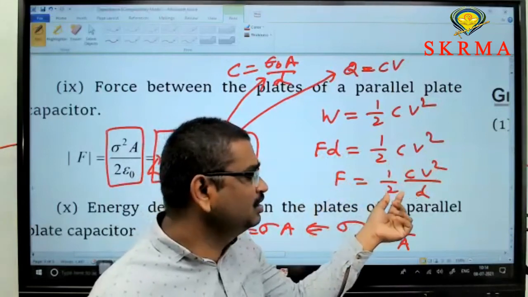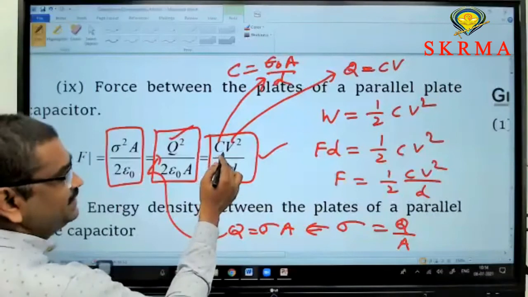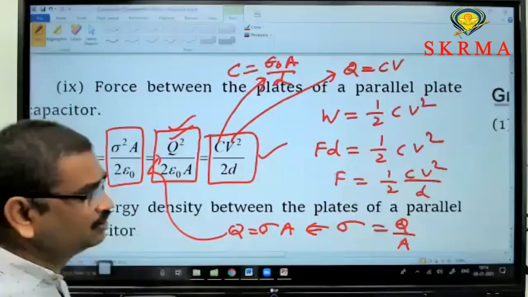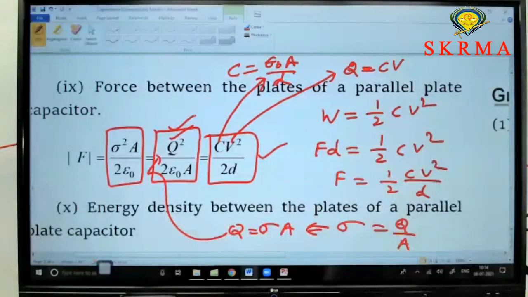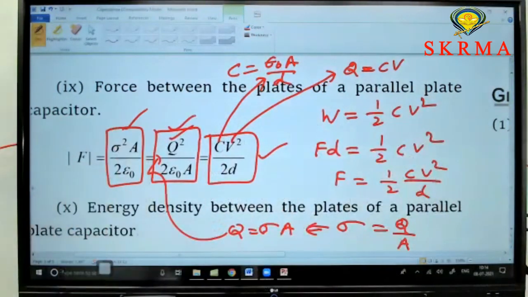Then force equals half CV square by D. Just substitute the C value and V value, then you will get this equation. Substitute the Q value, so in terms of sigma, you will get another equation like this. Is this clear? So this is the force between capacitor plates.